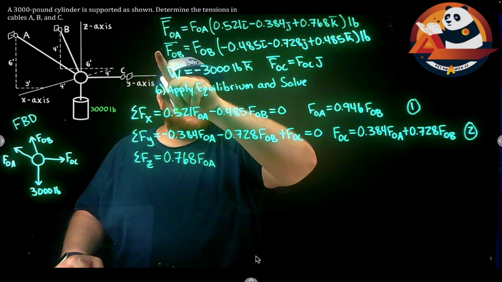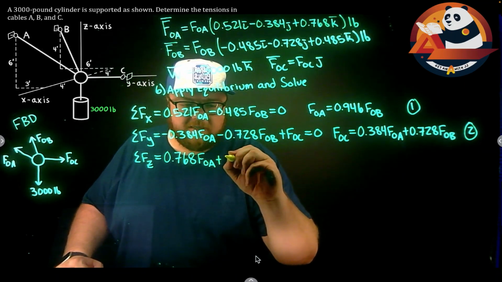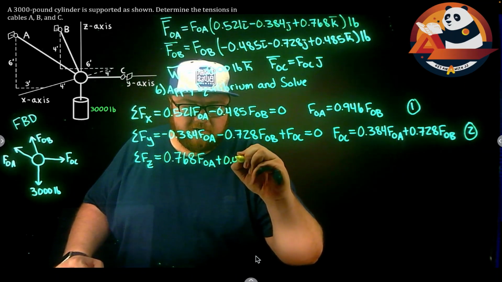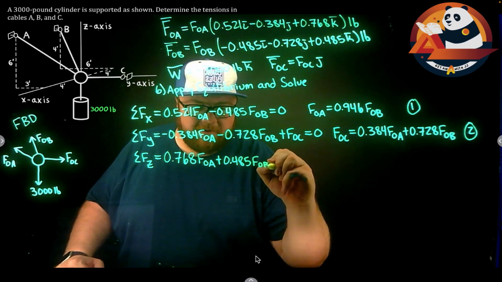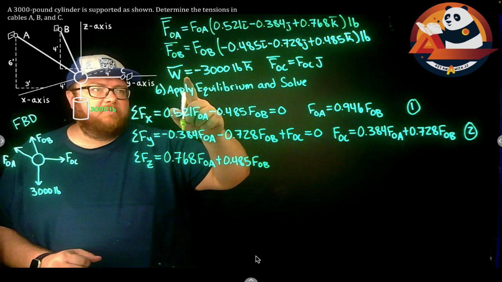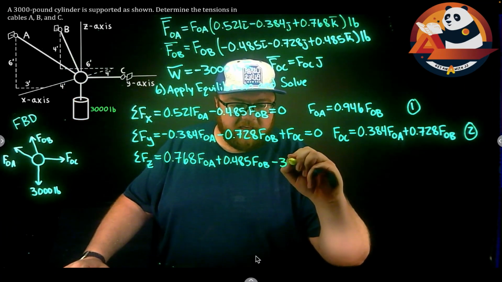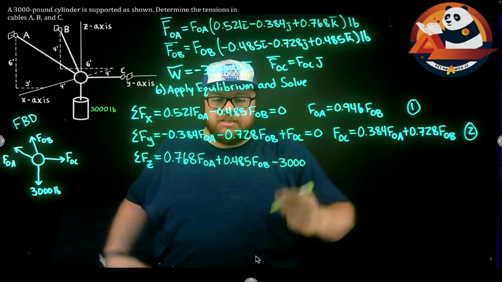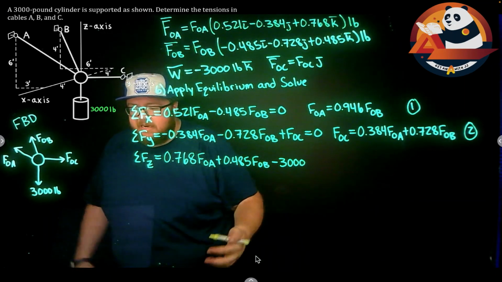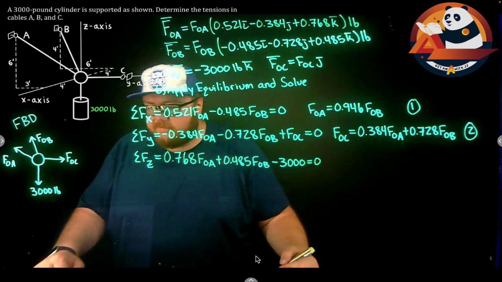In my FOB vector, I have 0.485 FOB, so plus 0.485 FOB. My weight was negative 3,000, so minus 3,000, plus nothing here. It's just a J. So that's everything for us. I can set this one equal to 0.